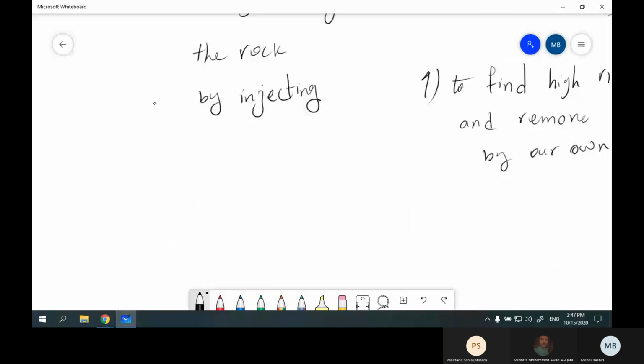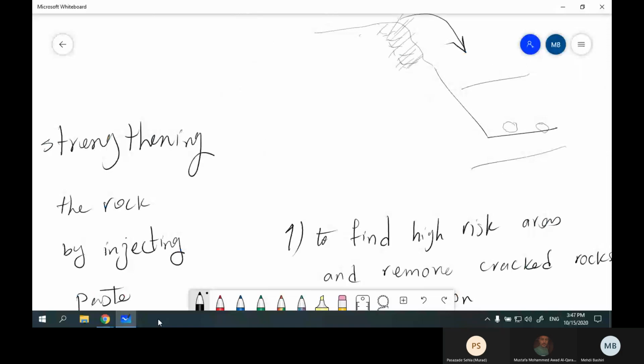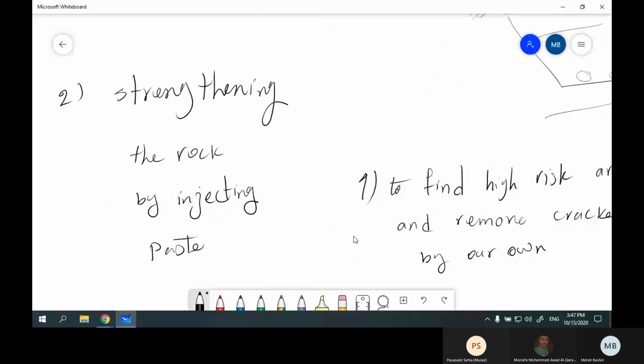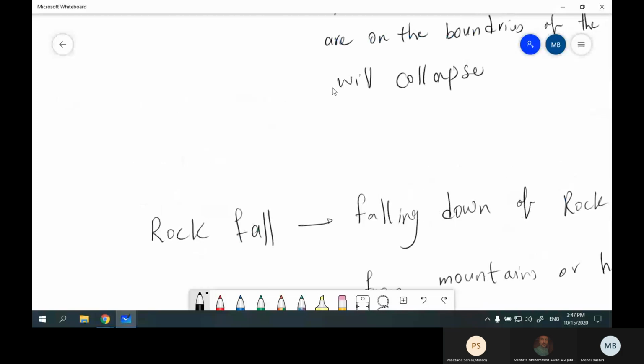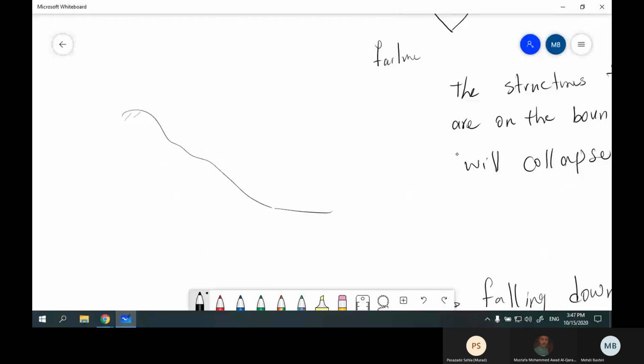What does it mean? It's something like glue. For example, you know that this area has a potential for rock falling. So you can inject grout, for example. You can inject, I don't know, cement paste. You can inject a couple of materials so you can strengthen these rocks.